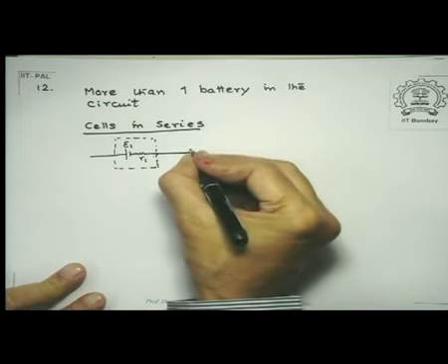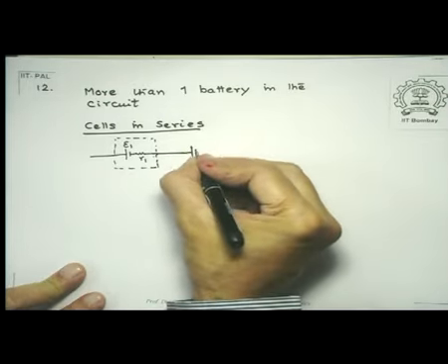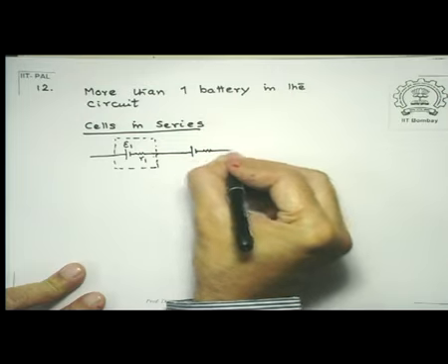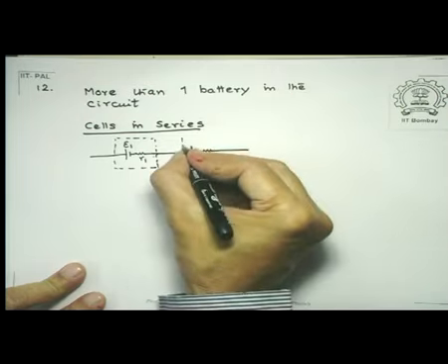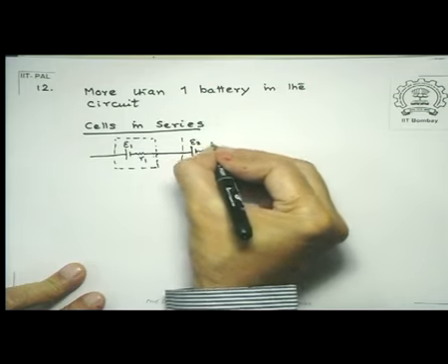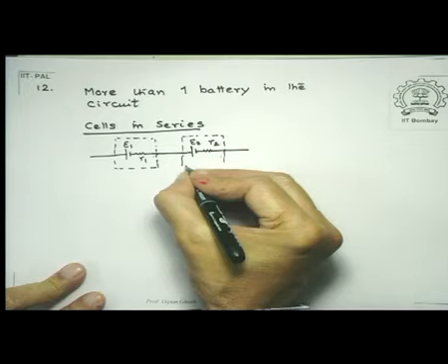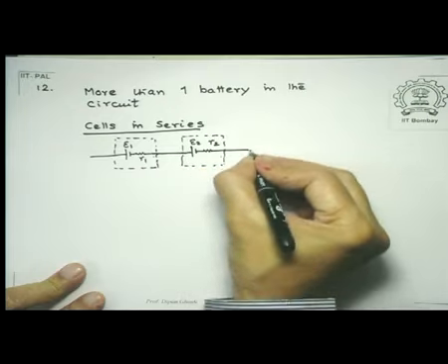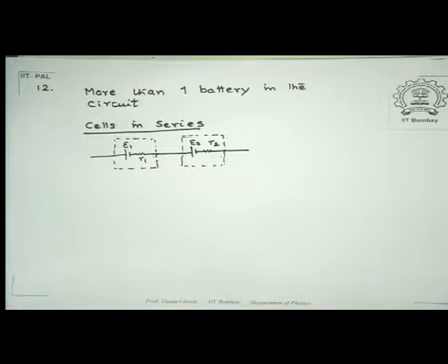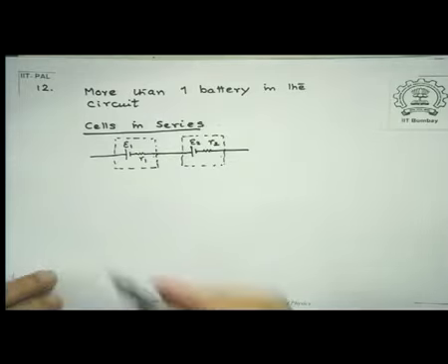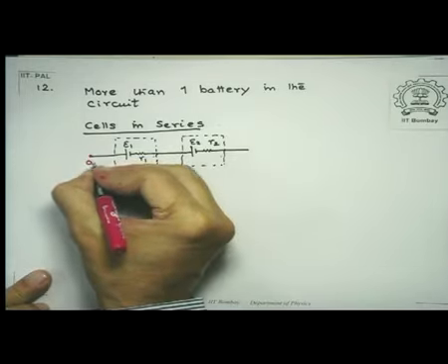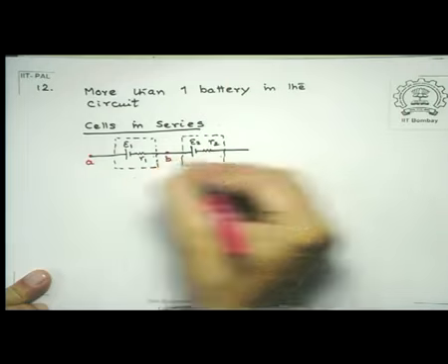So therefore, this is the way we would have it. So let's call this one E2 and internal resistance R2. So let us find out a nomenclature. So this is A, this point is B, and this point is C.